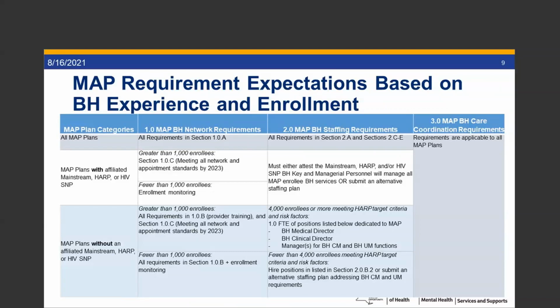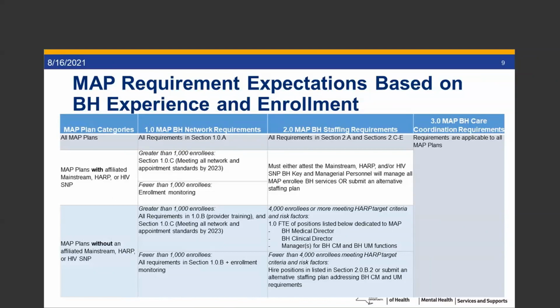But if you're a MAP plan with less than 1,000 enrollees, you would be expected to monitor your enrollment and build your network to meet requirements within 6 months once you hit that 1,000 enrollee threshold. If you're a MAP only plan without the affiliated mainstream HARP or HIV SNP, you would also need to conduct provider training for BH providers that are new to your network.